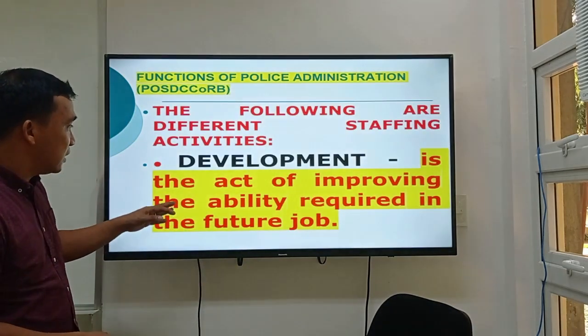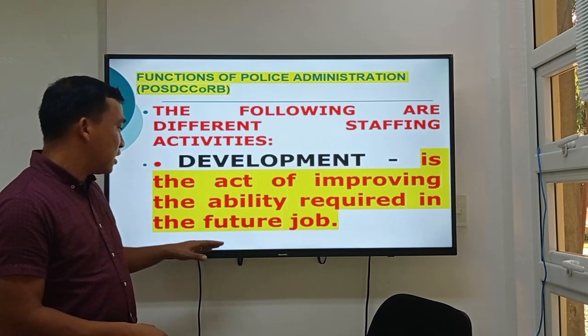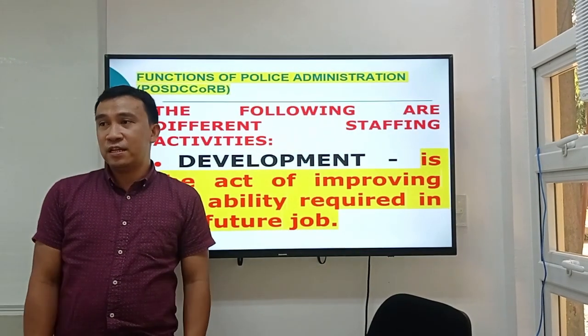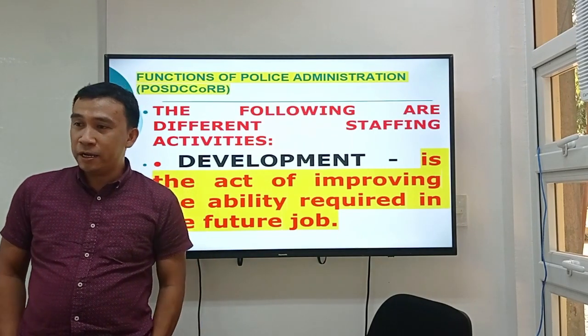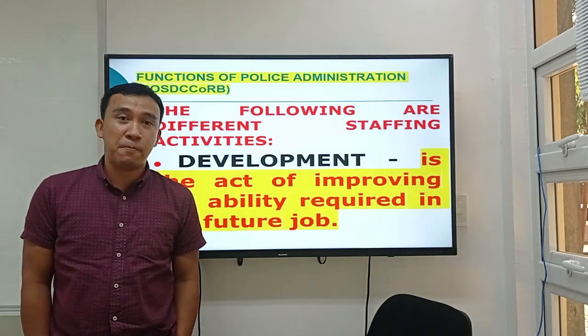Development. Development is the act of improving the ability required in the future job. Let's say, ikaw ay promotable na at ikaw ay nagpapapromote.